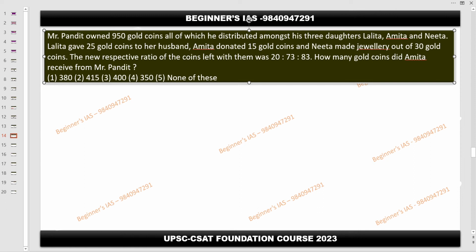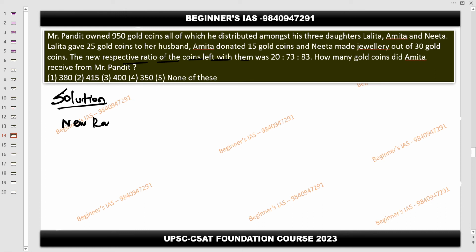So that is the question here. First of all, something is given, and that something is nothing but the ratio. What is the new ratio actually? The new respective ratio of the coins left with them.